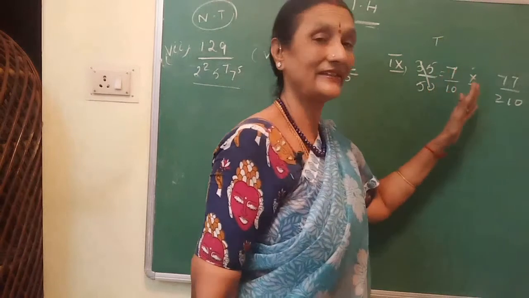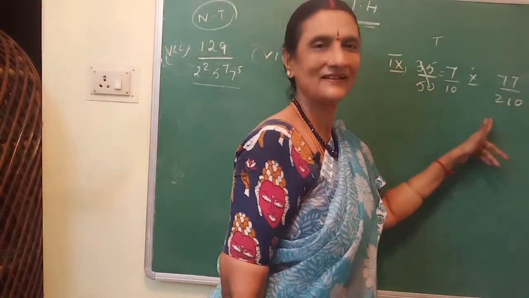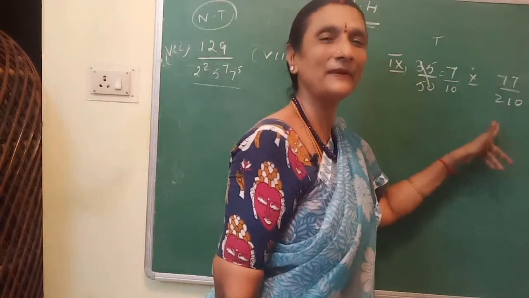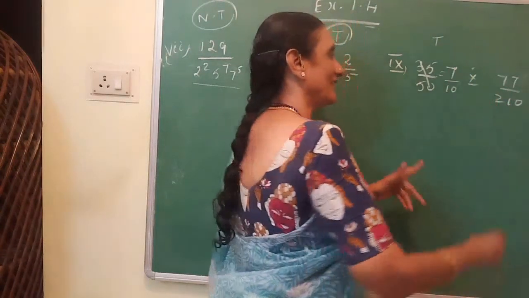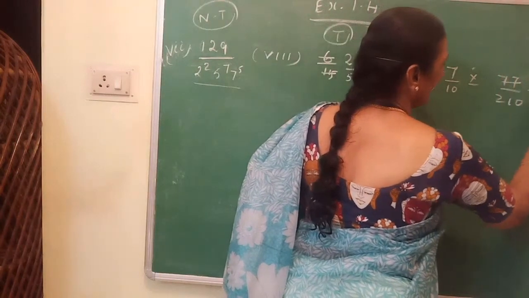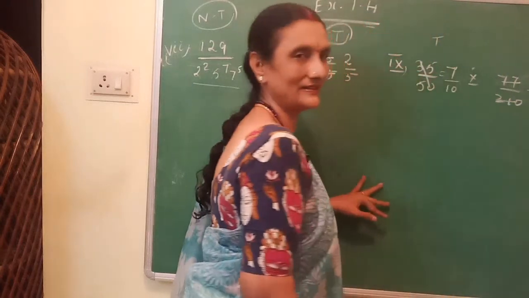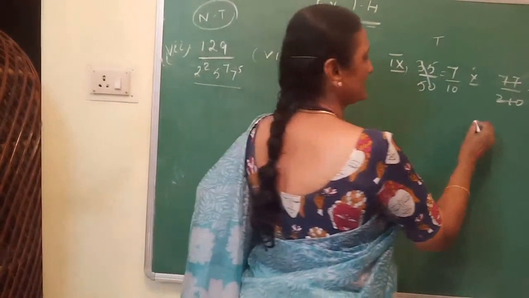Now what about the 10th sum? The 10th sum, look at the numbers. They can be cancelled by means of 7. So if you cancel, you will get 11 7s are, and then this is 30. It is 11 by 30. Now we'll factorize 30.